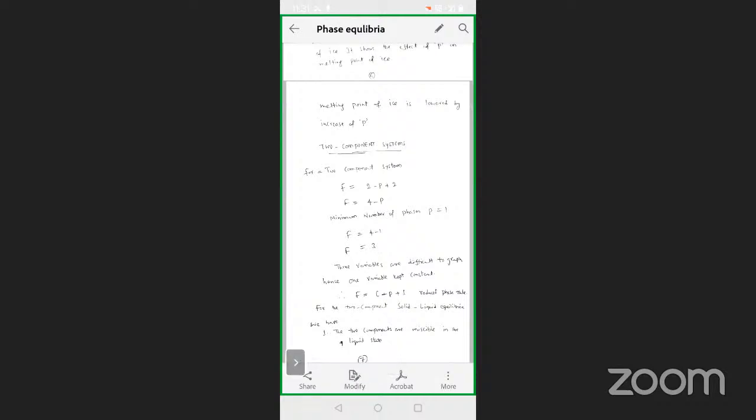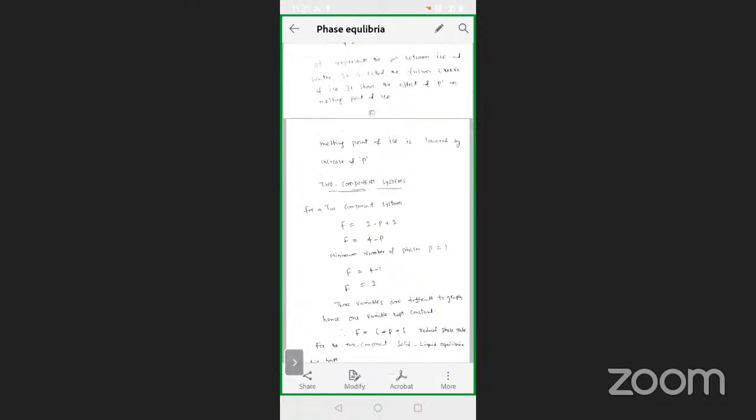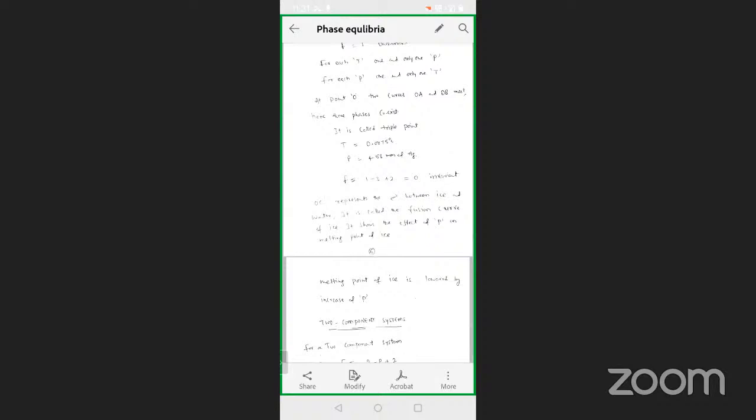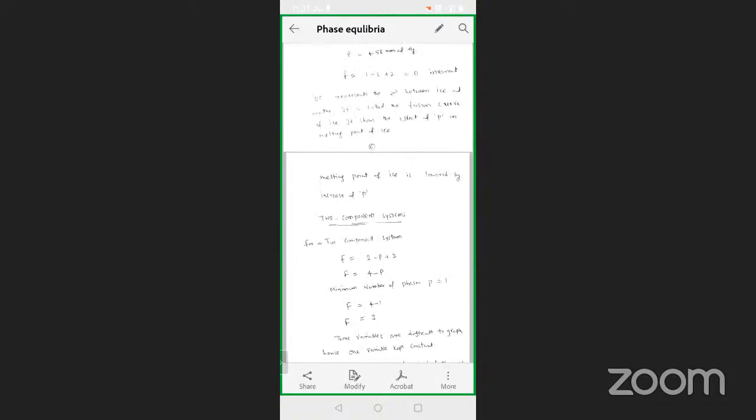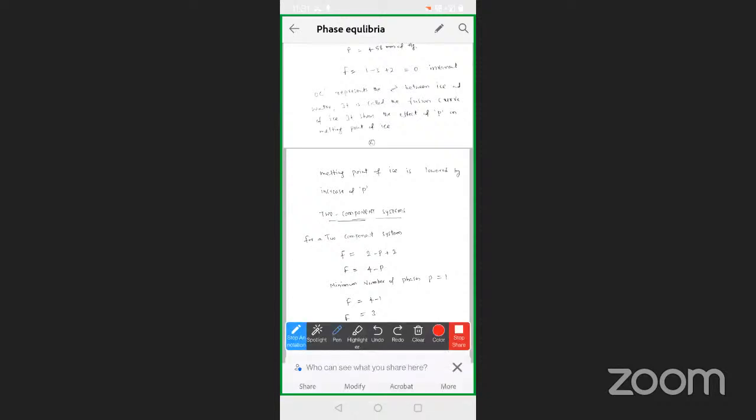Next, let us see the two component system. For a two component system, the phase rule is F equal to 2 minus P plus 2, so F equal to 4 minus P. And for any system, the minimum number of phases should be 1.